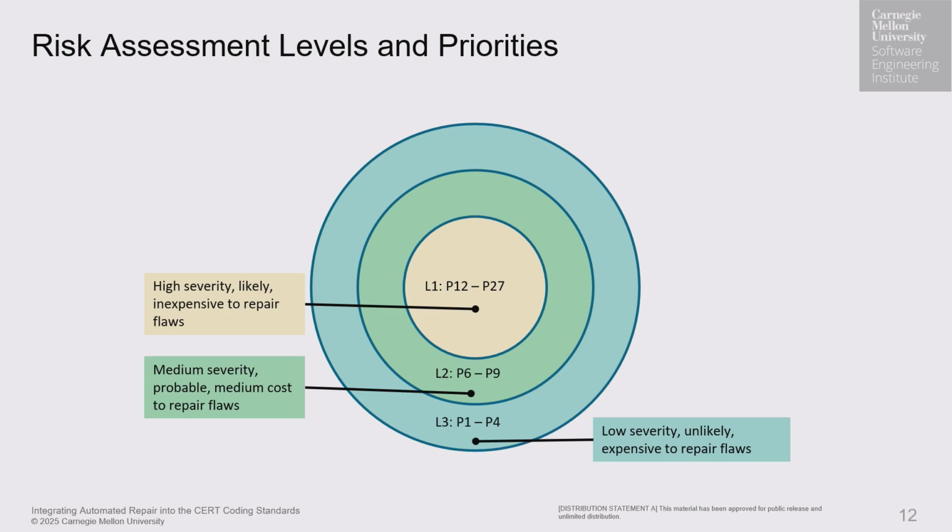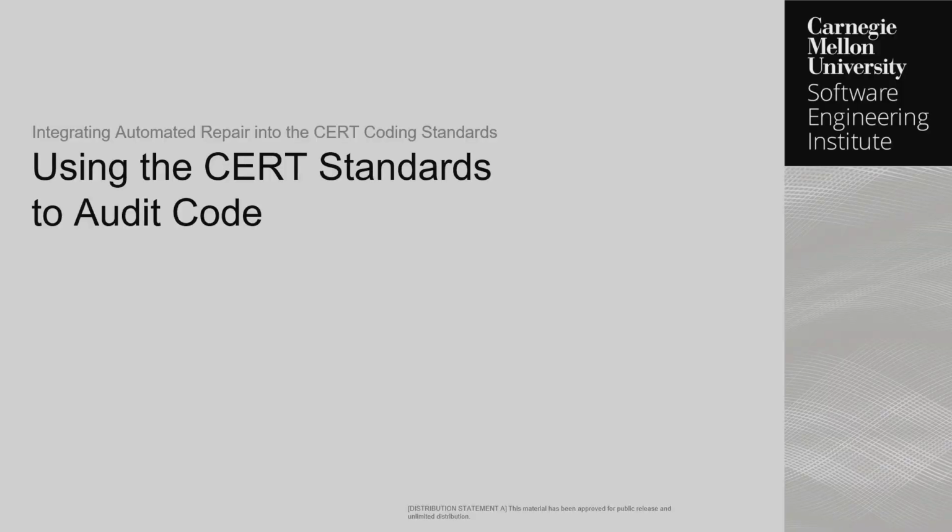And then the lowest priority rules are the ones with priorities 1 through 4. These are the ones that can cause the least harm, that are the hardest to attack, and that are the most expensive to fix. So the argument is this is kind of a way of ordering the guidelines in a priority of deal with these ones first and those ones last. If you don't like our ordering, feel free to use your own. This is one that we pretty much arbitrarily chose.